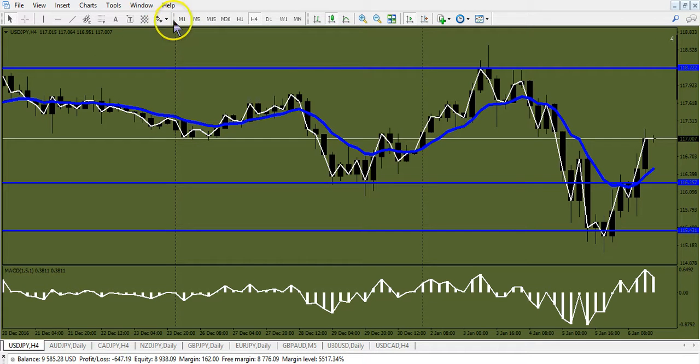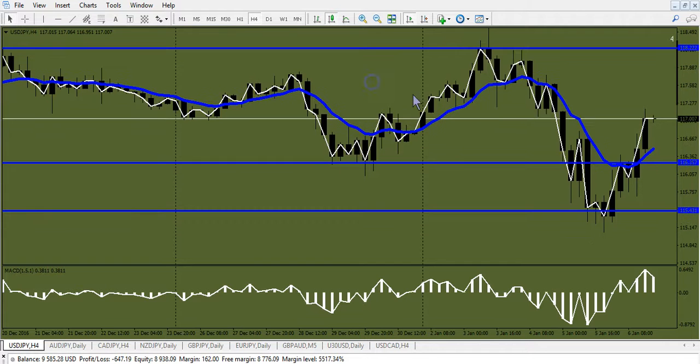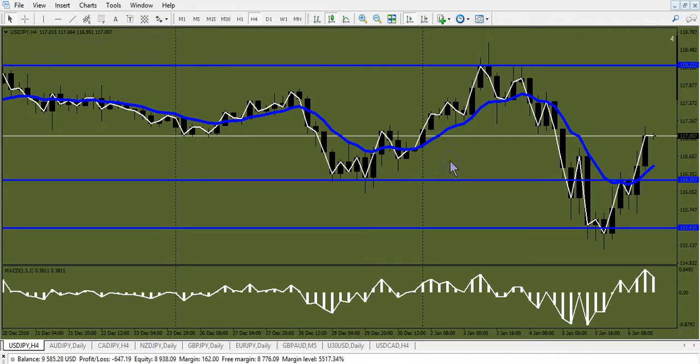So right now we're stuck in the middle of the road, and there's really no trade here. The only trade I see is that you're still short, waiting for it to come back here, or you're long and you're really hoping it doesn't stop you out, because you're right in the middle of this.